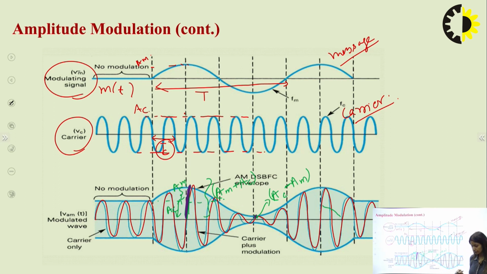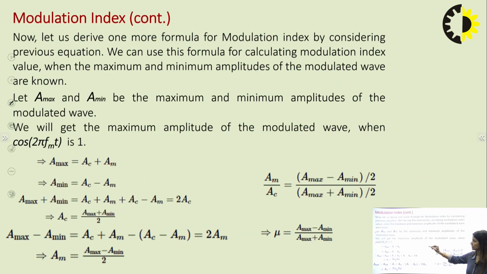Just remember, A max is AC plus AM and A min is AC minus AM. We have already calculated the maximum and minimum amplitude of the amplitude modulated wave. So now I can calculate AC in terms of A max and A min, and I can calculate AM in terms of A max and A min, right?